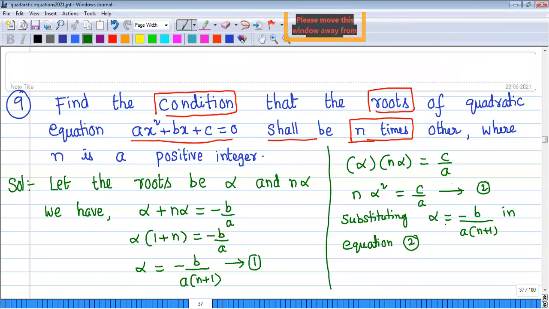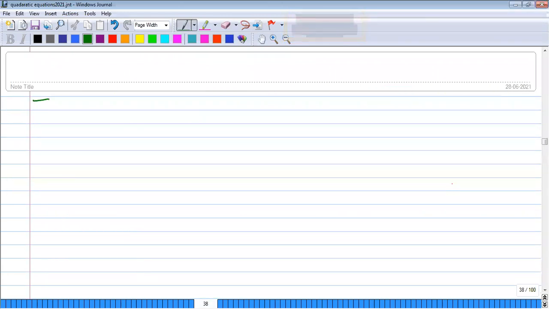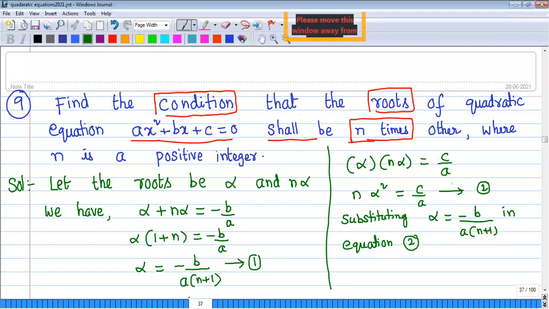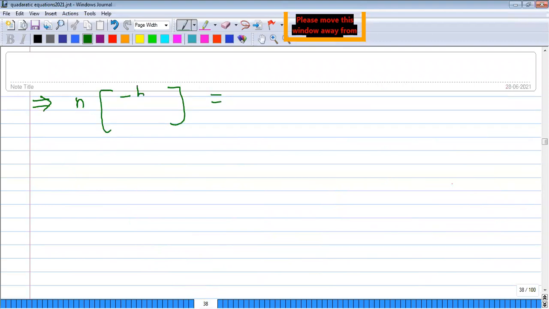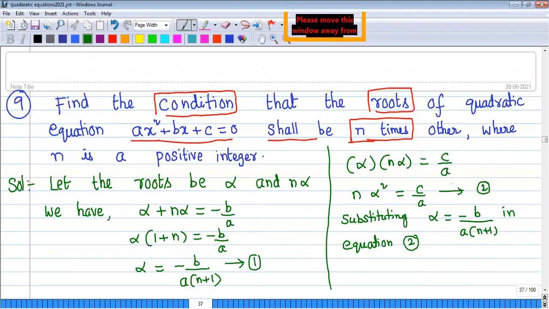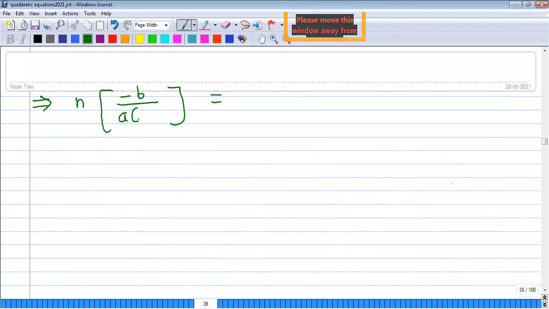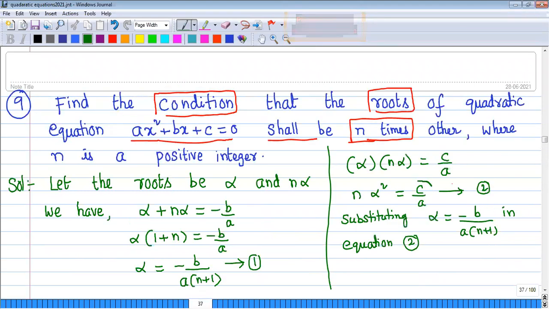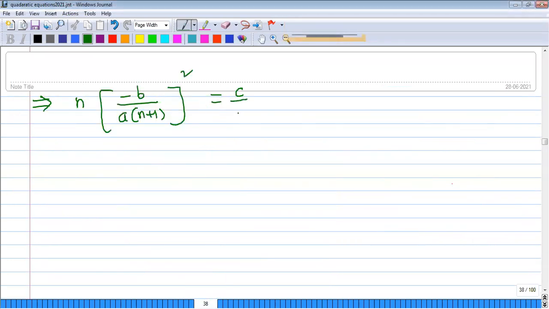Now substitute this alpha value in equation 2, then we are going to get n times alpha square equals, that is, minus b upon a times (n plus 1), whole square, equals c by a. This we need to simplify.